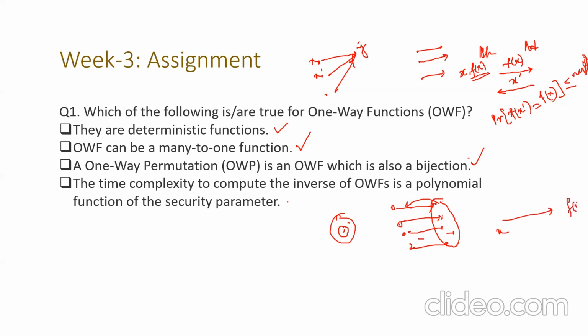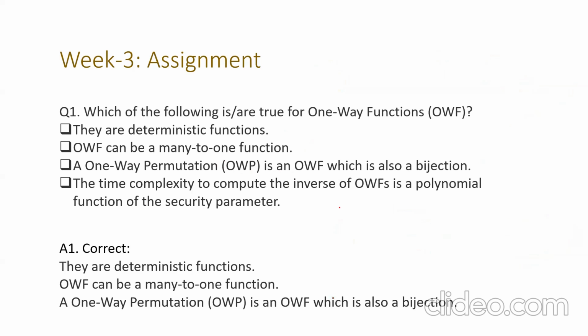But seeing f(x), computing some pre-image of f(x) is hard, right? So that is a contradictory statement. It cannot be a polynomial function of the security parameter. It is always an exponential function, right? So this is wrong. The first three statements are correct.